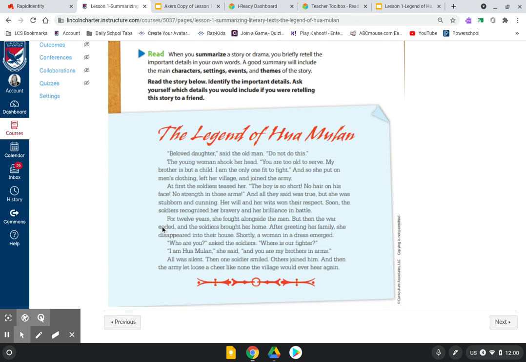All right, when we go down to the next paragraph, it says for 12 years she fought alongside men, and then they returned home and realized that she was actually a girl or a woman. She was not actually a man because she comes back out dressed as a woman wearing a dress.